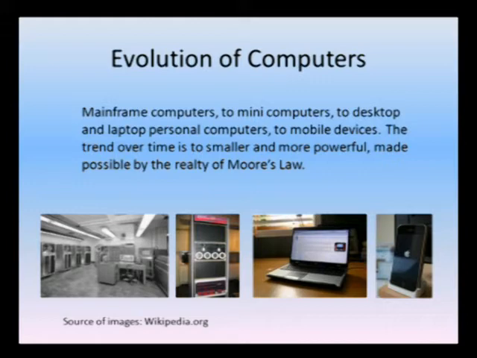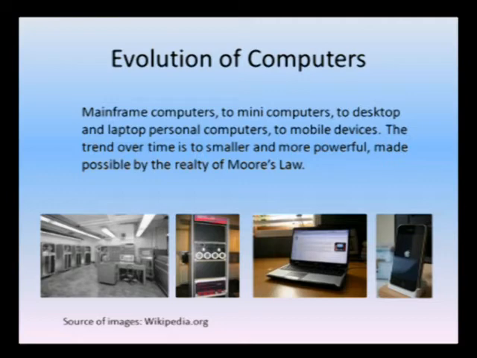Microcomputers include desktop computers, towers, laptops, and now, of course, we increasingly are using mobile devices, which are also computers, things like the iPad, the various kinds of Android tablets that run Android operating system, smartphones, and so forth.